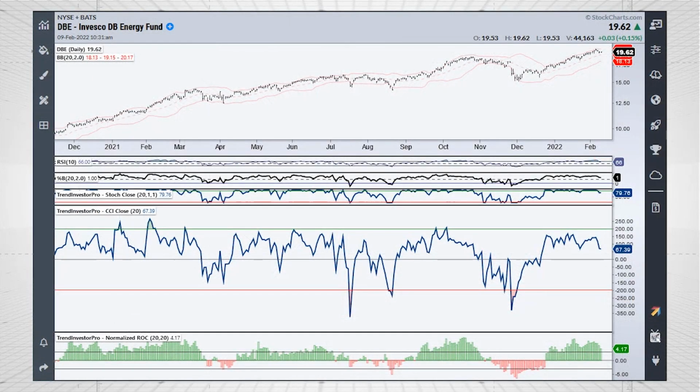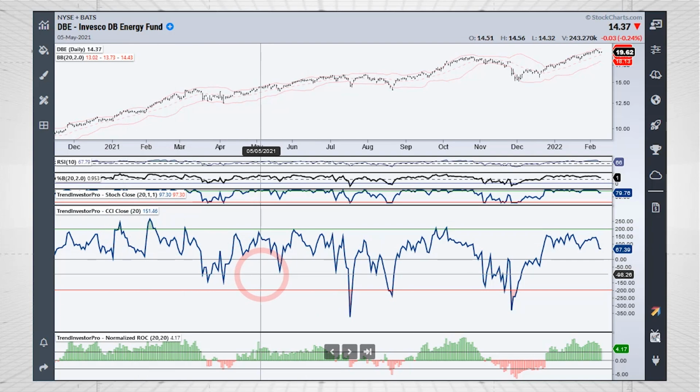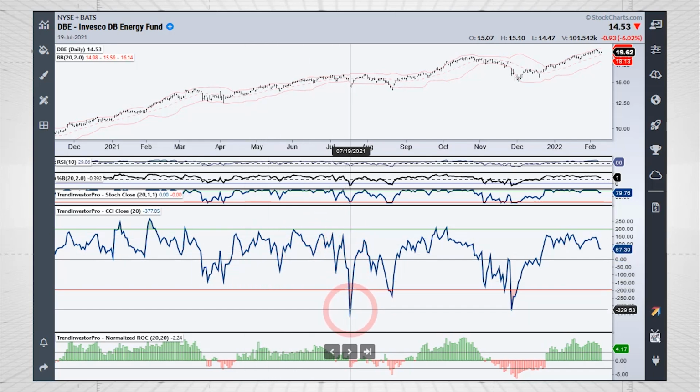The next indicator is the Commodity Channel Index, and I'm using 20 periods for the Commodity Channel Index. And Donald Lambert, the creator of the Commodity Channel Index, used the intraday high and low as well. But I've elected only to use closing prices. And so using 20 periods, when we go below minus 200, that is oversold.